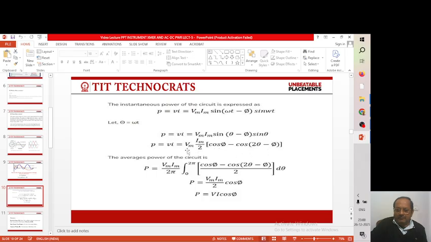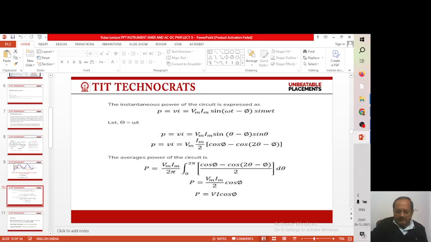This is our instantaneous power. Then the average power may be calculated by this formula.